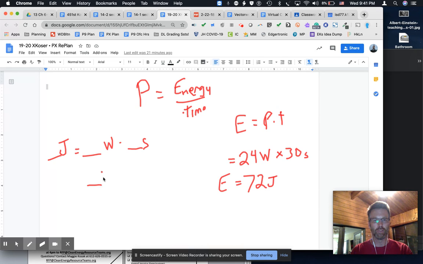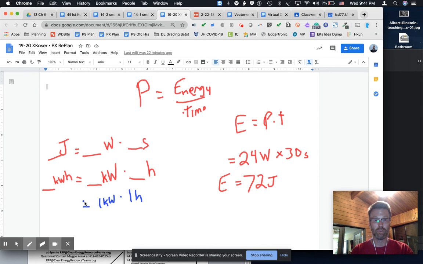So what happens instead is we use kilowatts and hours for power and time. And as a result, we get energy in a unit called kilowatt hour. So let's say you used 1,000 watts, 1 kilowatt, and you did it for 60 minutes, 1 hour.